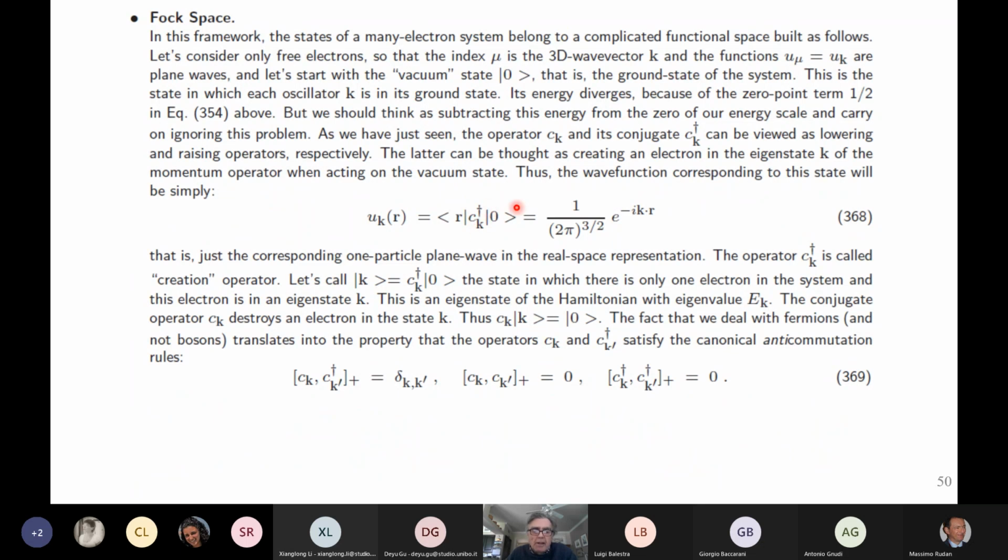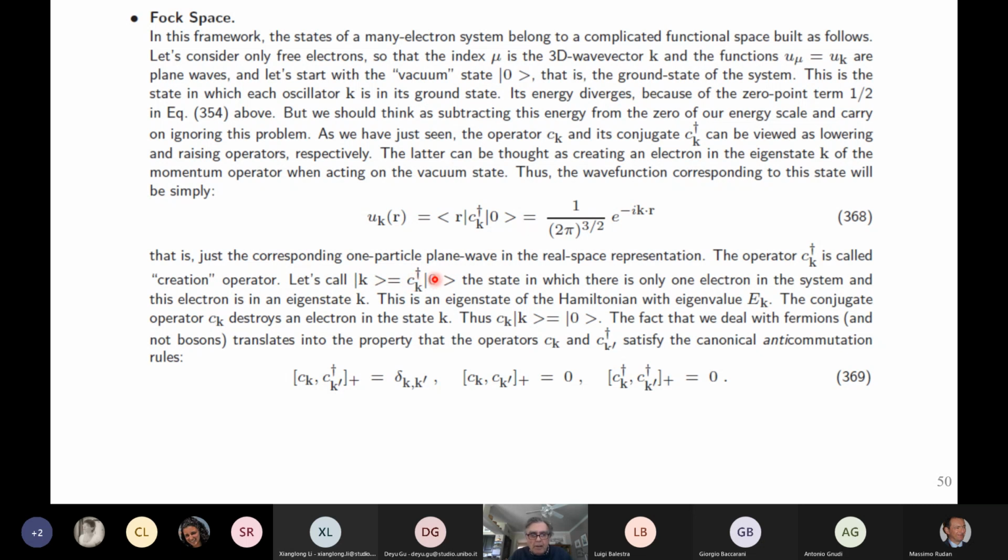This ascribes one electron in the excited state k. The wave function will be just a plane wave, normalized to infinite volume. This is the usual thing we saw in quantum mechanics 101 for an electron in free space in 3 dimensions. So let's call it k in the ket notation.